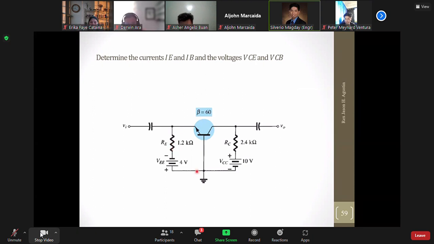Dito kasi mga single stage lang din talaga bibigyan. Hindi kayo bibigyan ng mga multiple stages parang ginagawa dati sa klase. Pag board exam kasi hindi naman talaga ganun. Single stages, pero iba-ibang orientation minsan ng circuits.